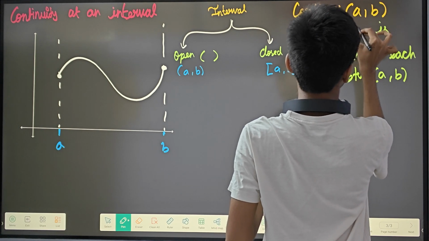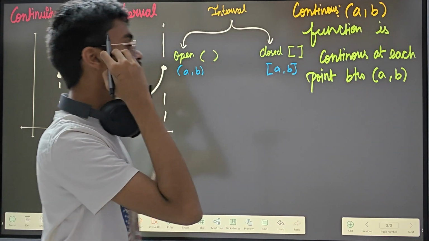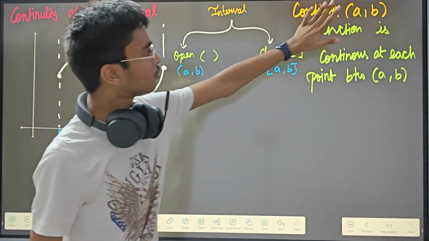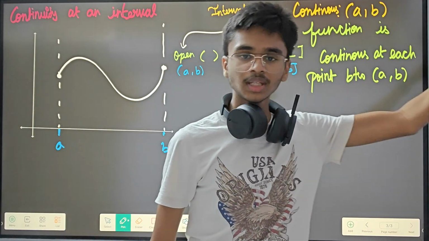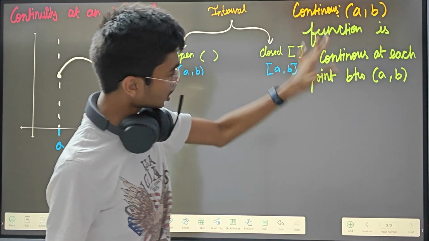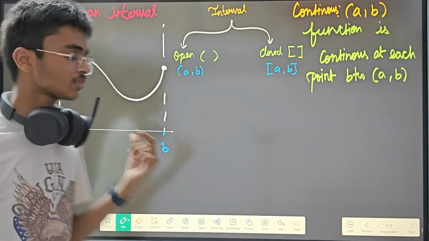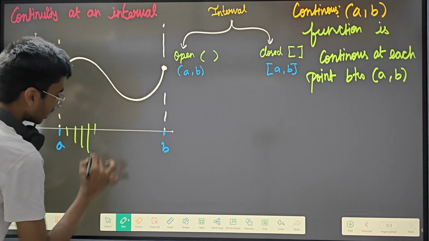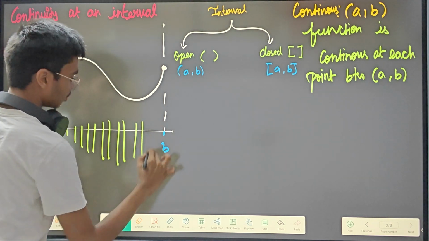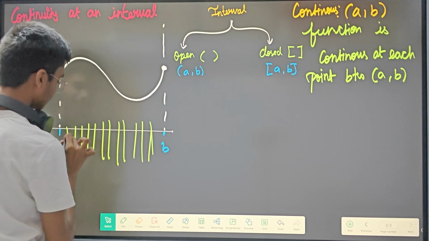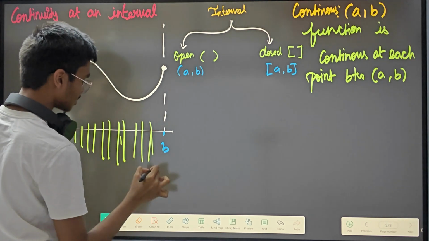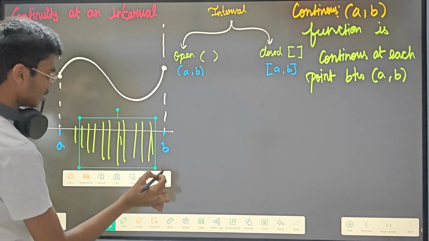A function is continuous at each point between A comma B. If it is continuous in the interval A comma B, then it is continuous at each and every point between A comma B. I am saying the same point repeatedly, but with a different tone only.